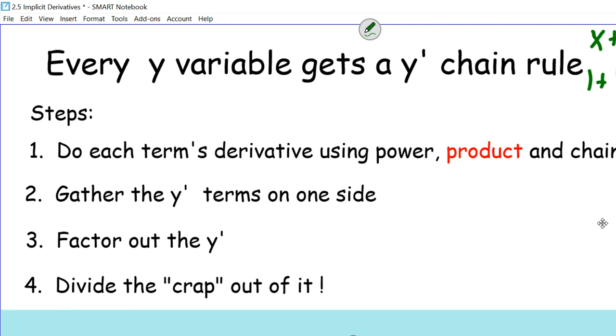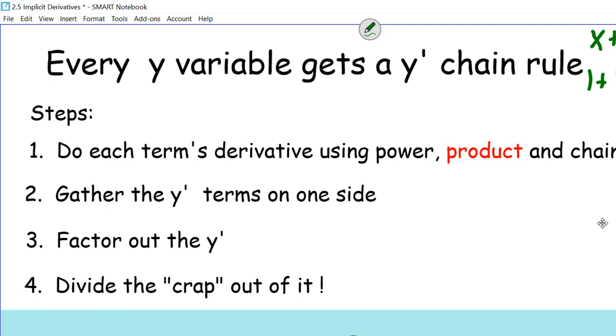In the example I showed you, I did the normal derivative of x, the normal derivative of 3y squared, but then I have to attach that y prime. So do your normal derivatives, again, using power, product, chain, and I put quotient rule up there, but those three are probably more common with implicit derivatives than the quotient rule.